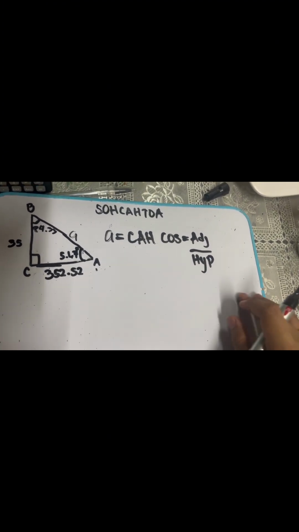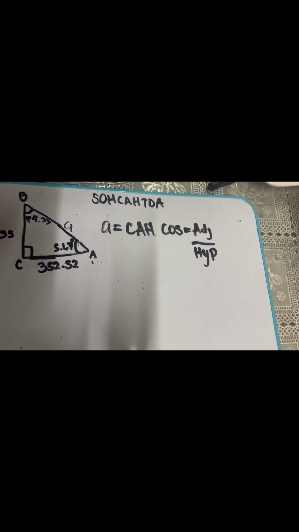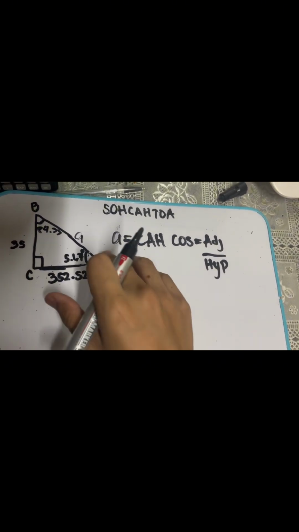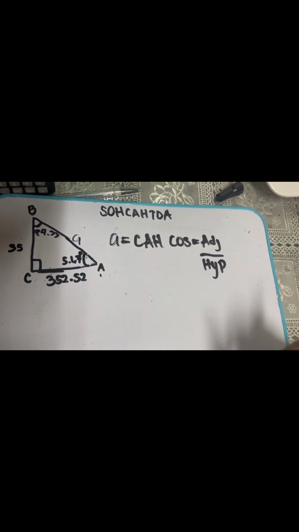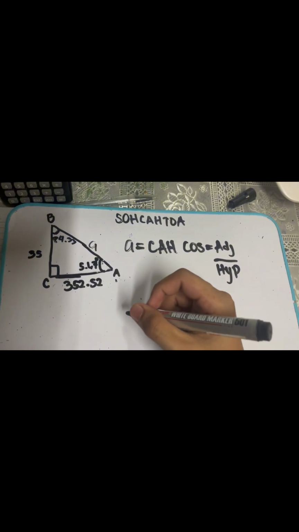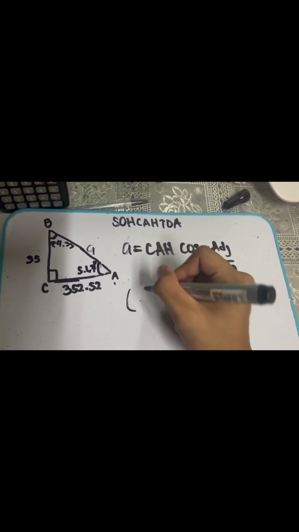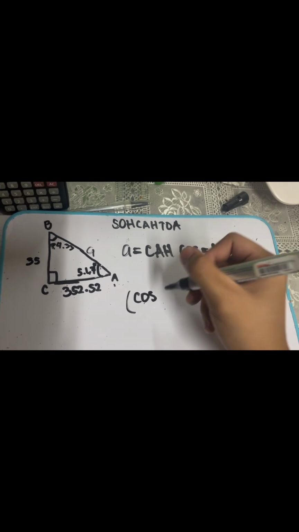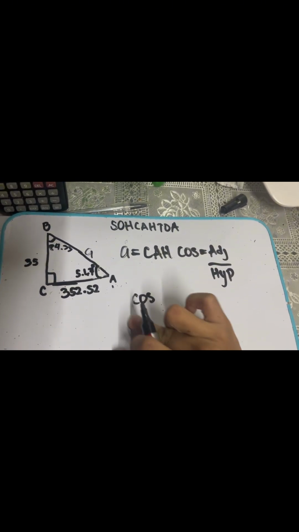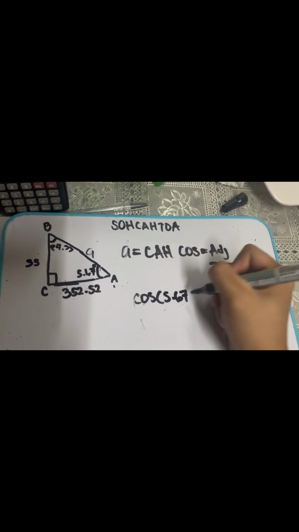So now that we have what we're gonna be using for this side of small letter A, now let's give it the values. We're gonna write cosine 5.67.